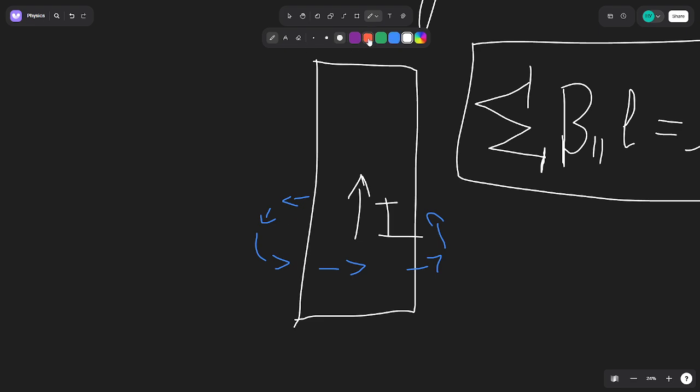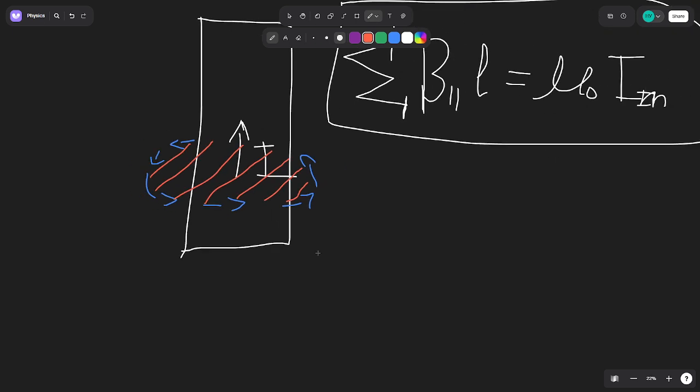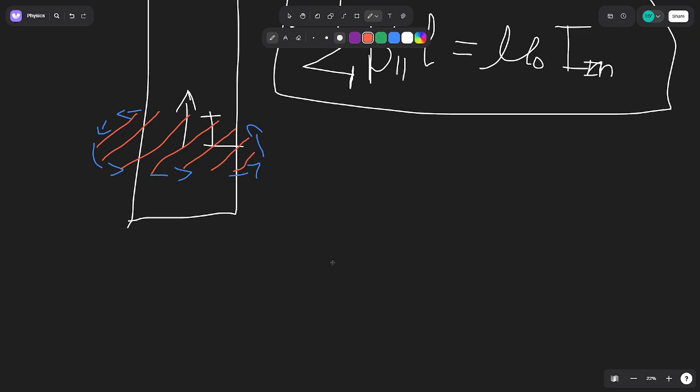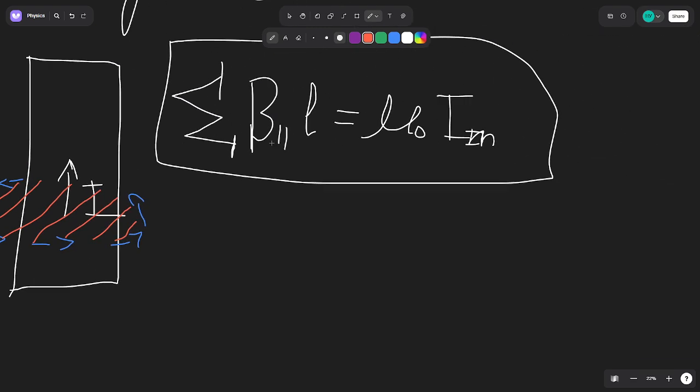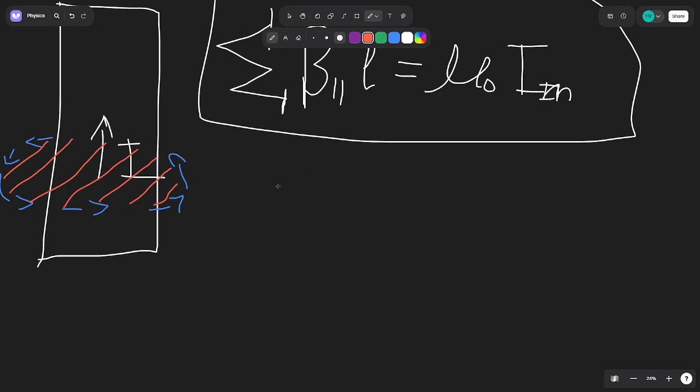And here is the current enclosed by this magnetic field, right? So then we can represent it just like this.